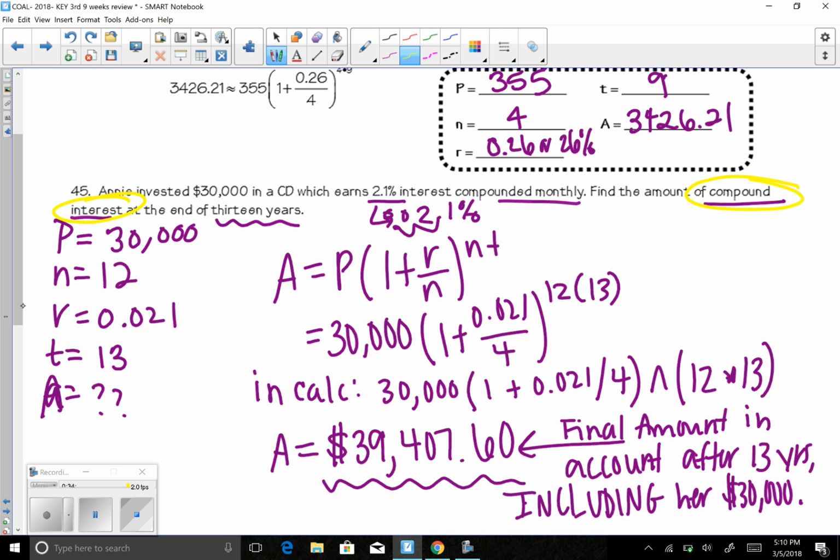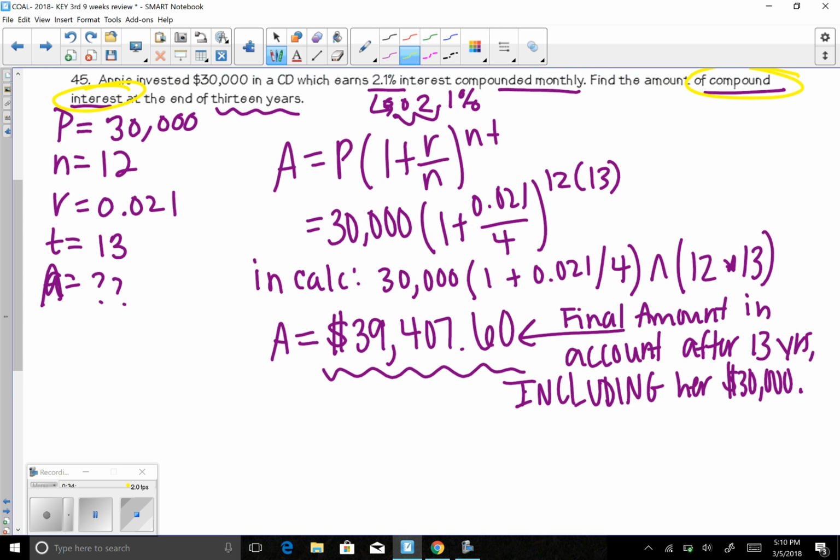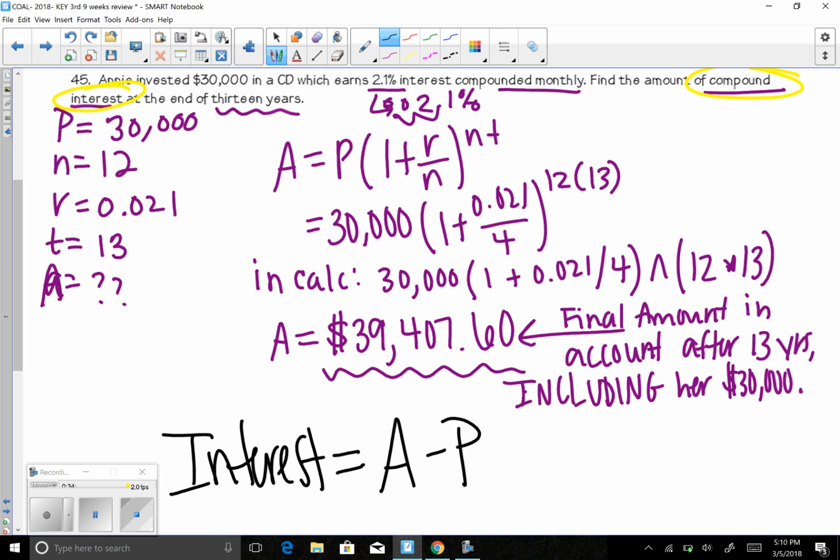But it asks you to find the amount of compound interest. So when it asks you to find the amount of interest, remember the interest is going to equal the final amount minus the principal. It's the final minus the start.